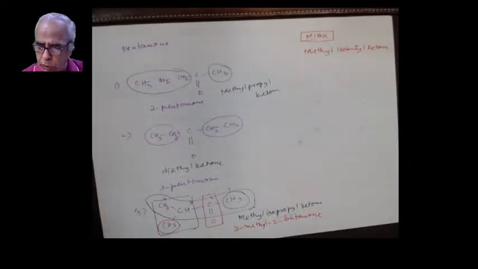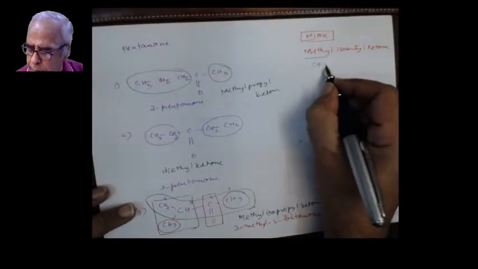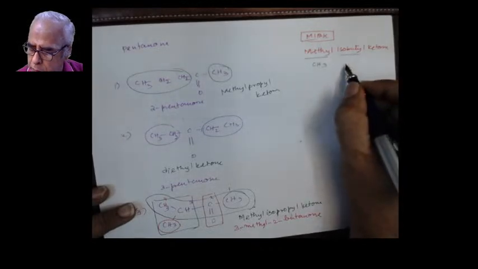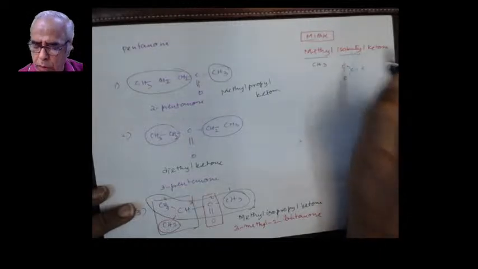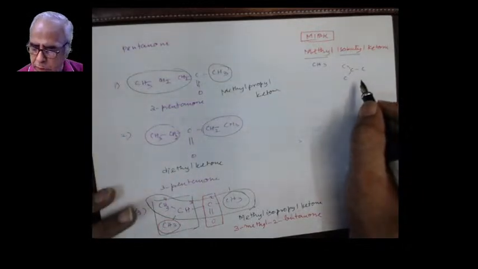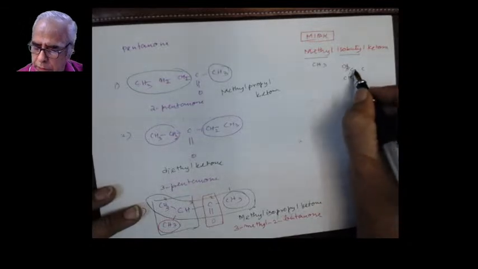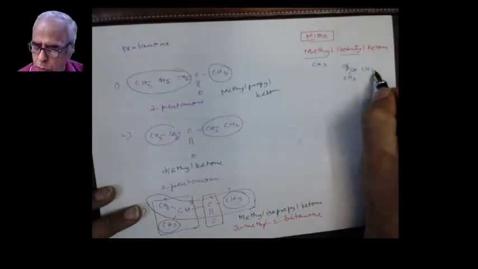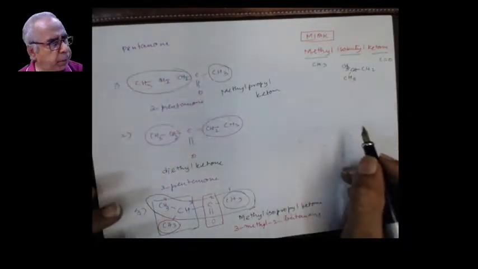Now let me draw the structure. Methyl means 1 carbon atom, CH3. Isobutyl means, buta means 4, so isobutyl means a branched butyl group. So this is the group CH3, CH, CH2. Ketone should have C double bond O. So we should link everything.